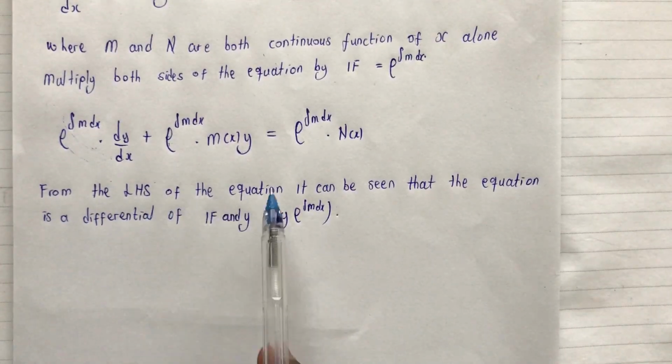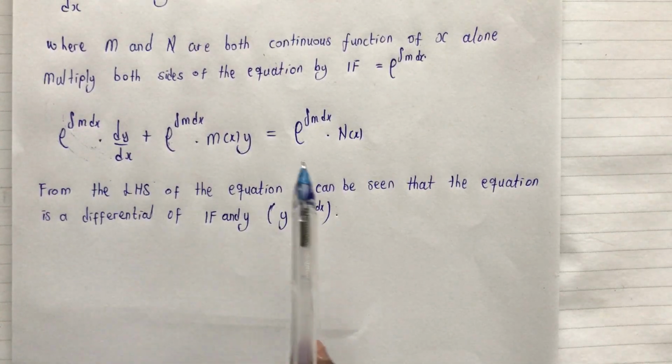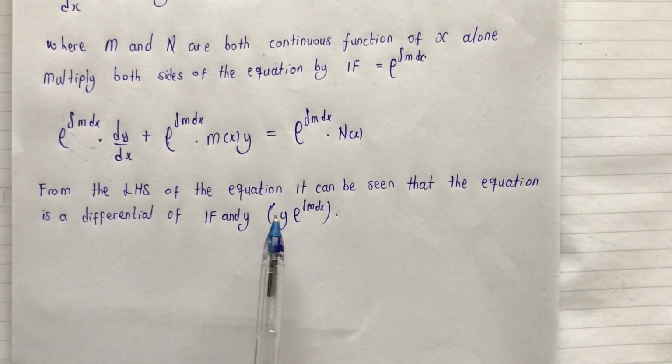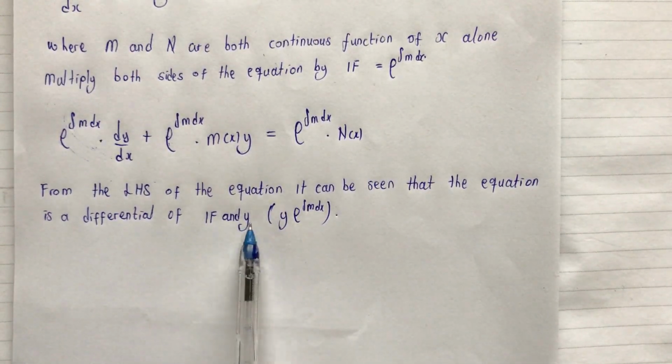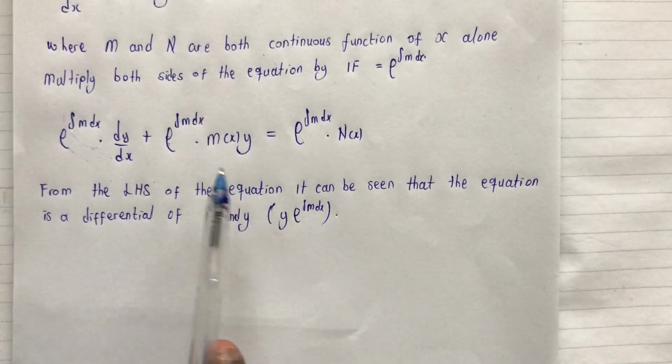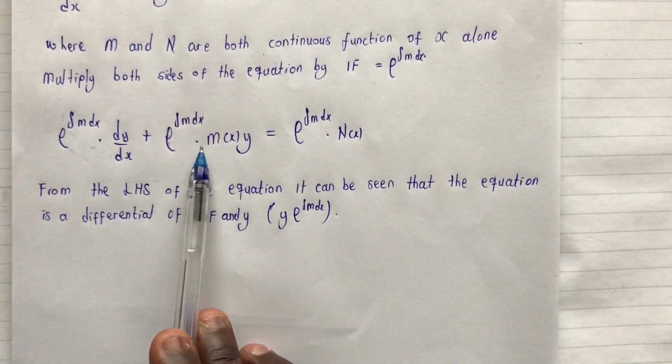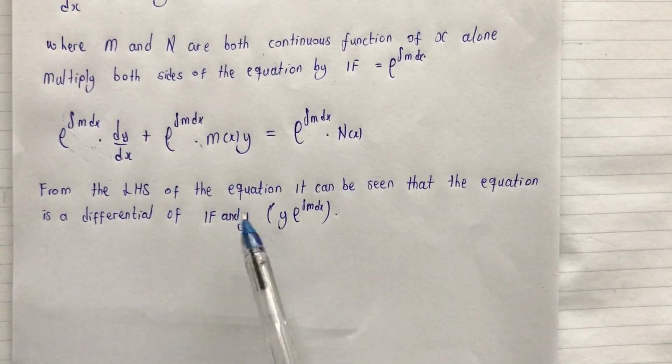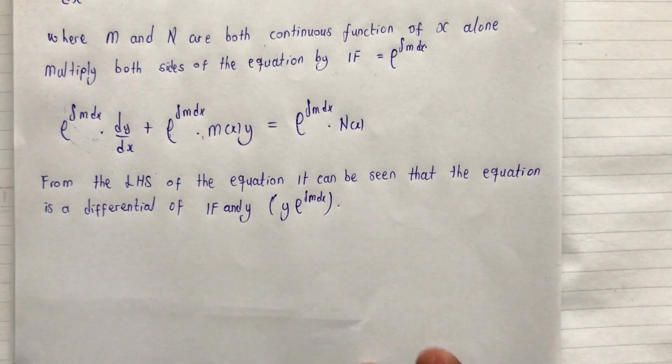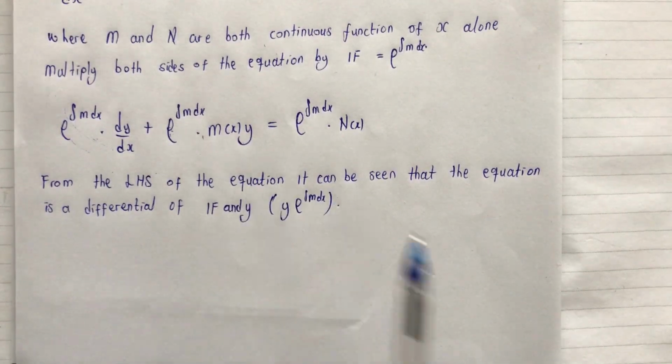So from the left-hand side of the equation, you say that the expression is the derivative of what? The integrating factor and the variable y. So from this step, after you write down this short statement in your own way, you just take the derivative of this and that.